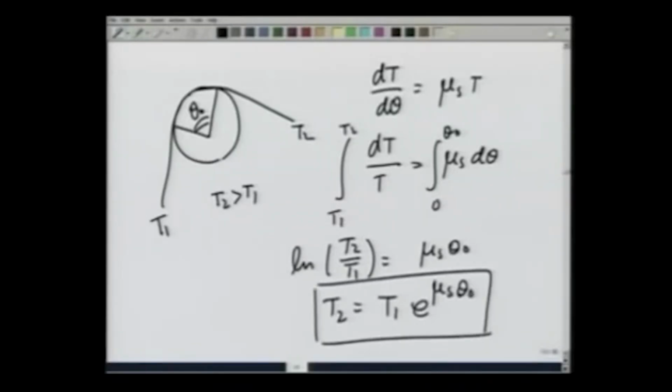Thus, if I apply T2, which is T1 times this number e raised to mu s theta 0, the rope would remain in equilibrium.